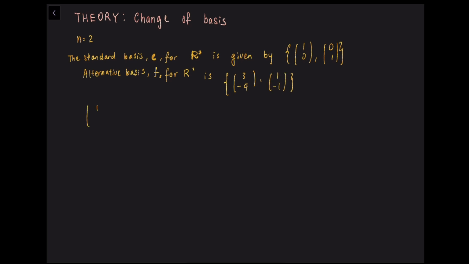The vector (1, 2) with respect to the standard basis is written as (1, 2). Note that (1, 2) equals 1 times the (1, 0) vector and 2 times the (0, 1) vector, which is a linear combination of the standard basis vectors (1, 0) and (0, 1).